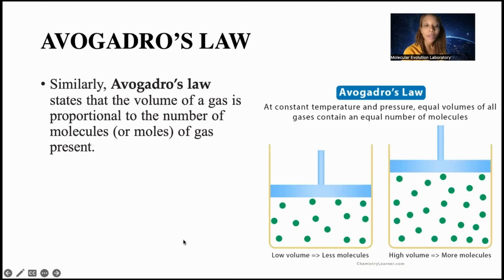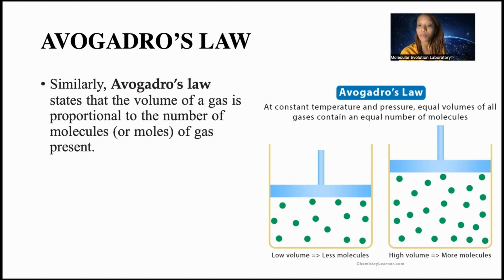Avogadro's law similarly states that the volume of gas is proportional to the number of moles or molecules of the gas present. So in this case, temperature and pressure are constant, and equal volumes of gases contain an equal number of molecules.